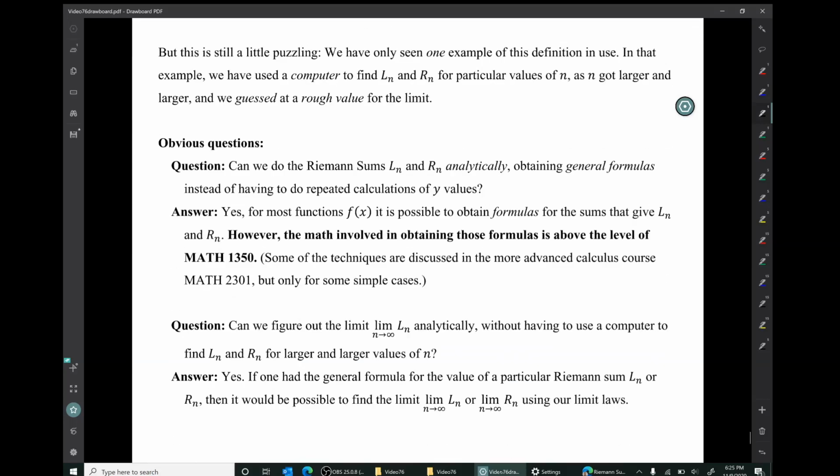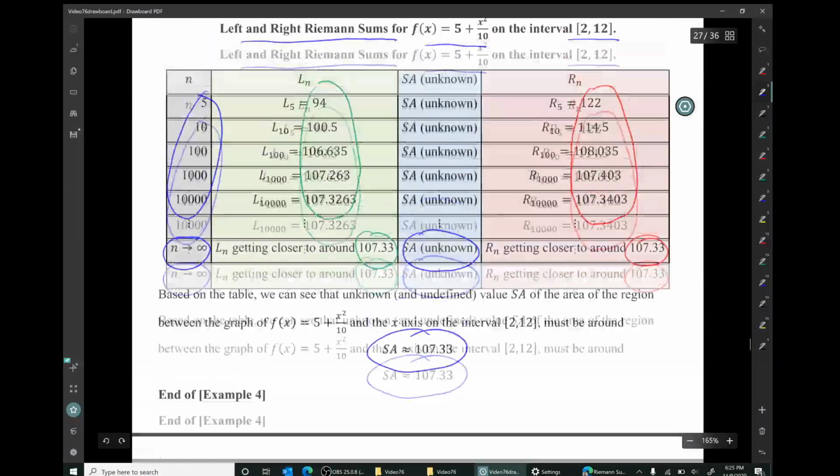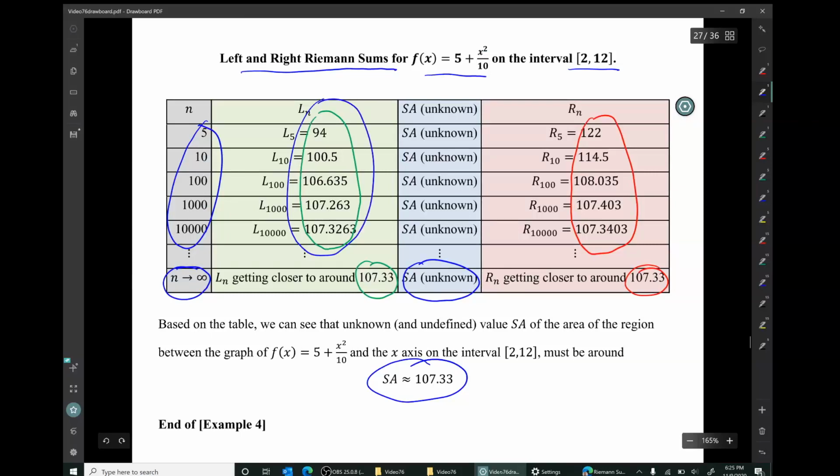But this is still a little puzzling. We've only seen one example of this definition in use. In that example, we had to use a computer to find Ln and Rn for particular values of n as n got larger and larger, and we guessed at a rough value for the limit.